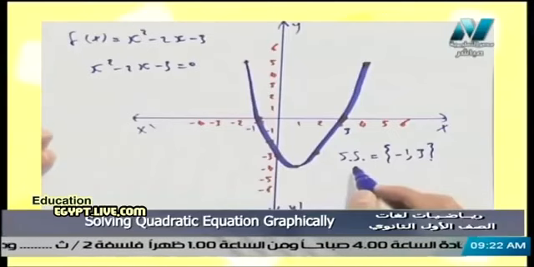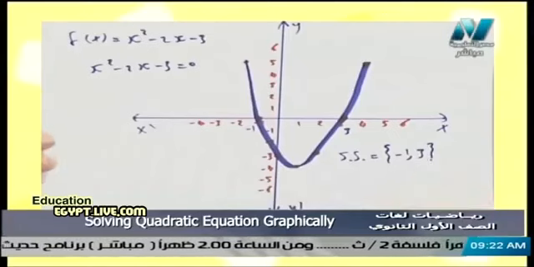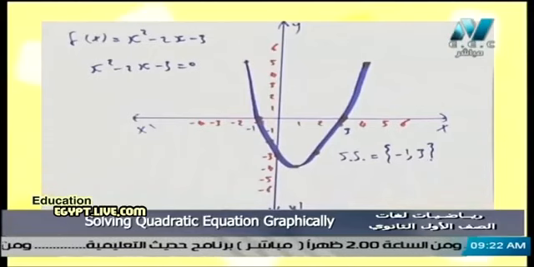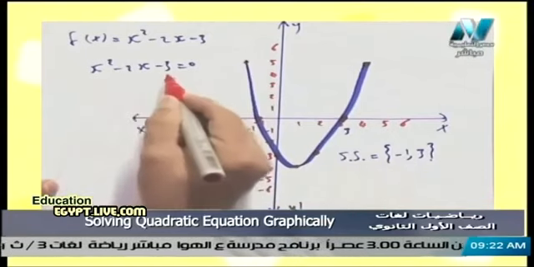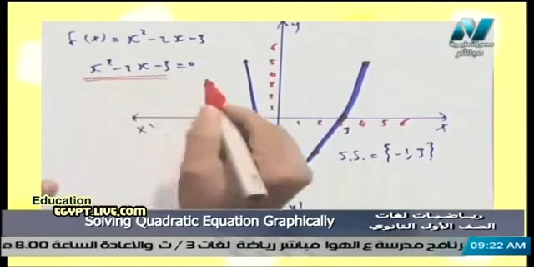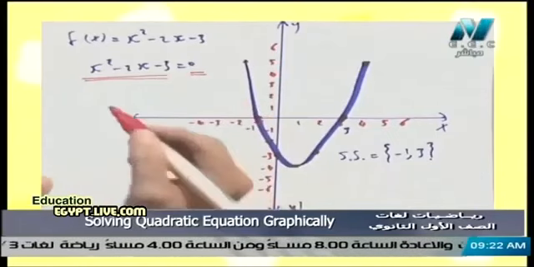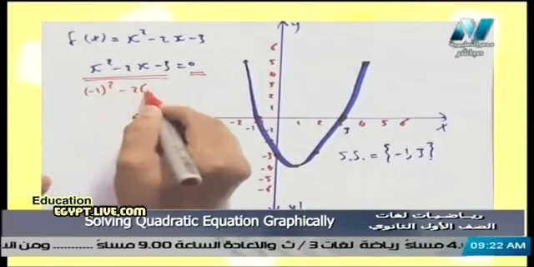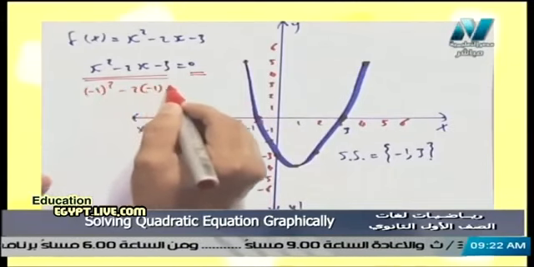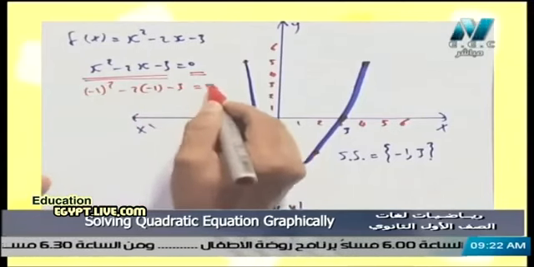What is the meaning of the solution set equal negative 1 and 3? If we substitute x with negative 1, the left-hand side will definitely equal 0. Let's look at it: negative 1 power 2 minus 2 multiplied by negative 1 minus 3, of course, equals 0.